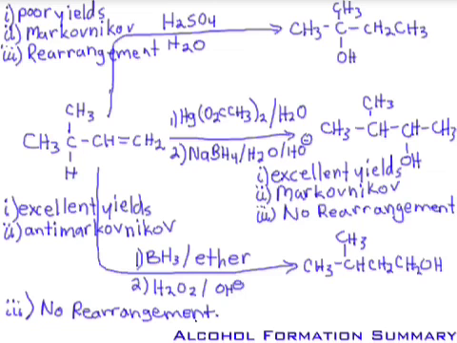So we're fully capable of getting any alcohol we want, including the antimarkovnikov product. So by knowing these reagents, you will be able to prepare any of the desired alcohols, all three possibilities. Excellent.